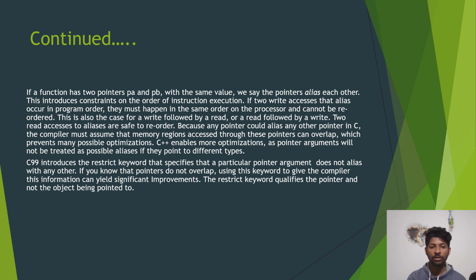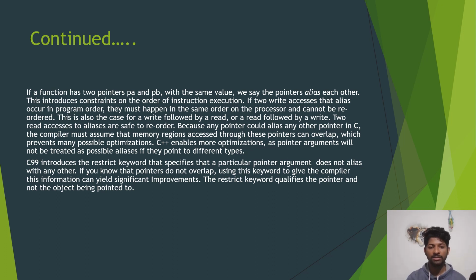Two read accesses to aliases are safe to reorder. Because any pointer could alias any other pointer in C, the compiler must assume that memory regions accessed through these pointers can overlap, which prevents many possible optimizations. C++ enables more optimizations as pointer arguments will not be treated as possible aliases if they point to different types.